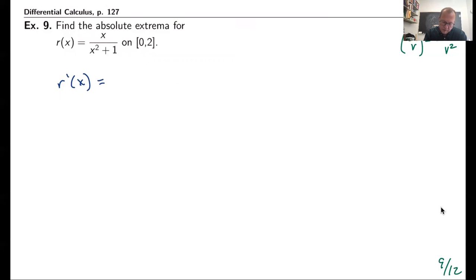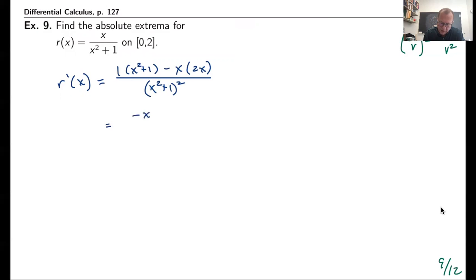So a derivative of x is just 1 times the x squared plus 1, minus, I have x times the derivative of x squared plus 1, which is just 2x. Divide all that by x squared plus 1 quantity squared. And let's simplify it just a little bit.